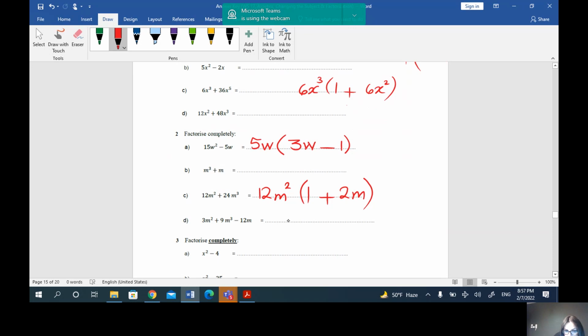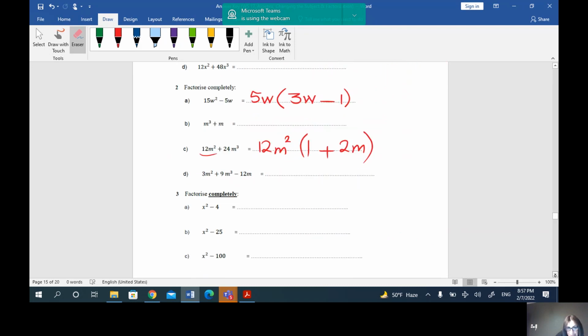If you want to know how we got this, take the first term, which is 12m squared. As primes, it will be 2 times 2 times 3 times m times m. 24m cubic will be 2 times 2 times 2 times 3 times m times m times m. So you take what's common and that's how you find it.